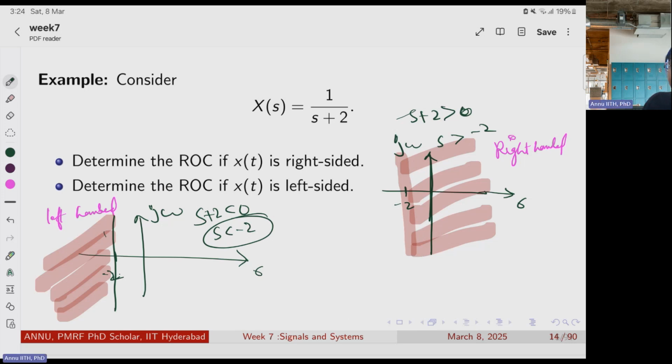Obviously, the first signal will be causal if the ROC is right-handed, because it is leading to plus infinity. If you see the left-handed signal, it is leading to minus infinity. So in that case, it is non-causal.